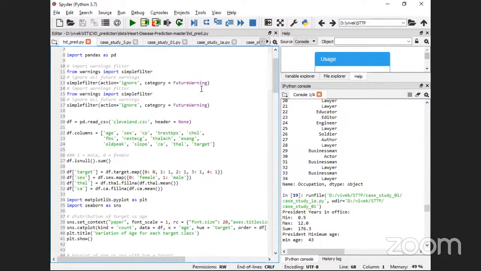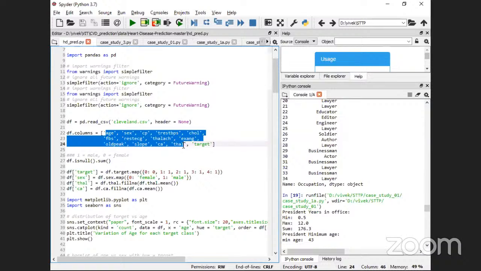Now for this, as I said, 13 plus 1. These 13 attributes which are available here are age, sex, chest pain type, blood pressure, cholesterol level, fasting blood sugar level, resting blood pressure, thallium scan, cold peak, and colored vessel fluoroscopy.